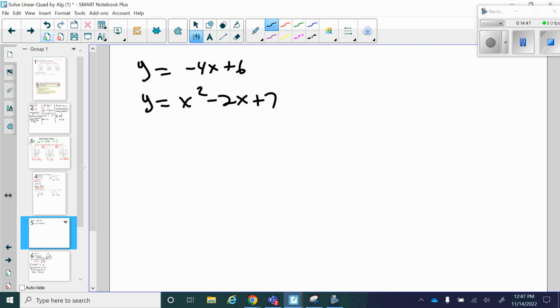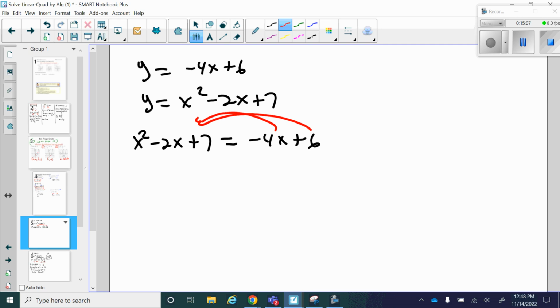Okay, set both equations equal to each other now. And so I'm going to have x squared minus 2x plus 7, and that is equal to minus 4x plus 6. Again, I need this equation equal to 0, so I'm going to cancel the right side. I'm going to move everything to the left side. So therefore, I'm going to add a 4x and a minus 6.